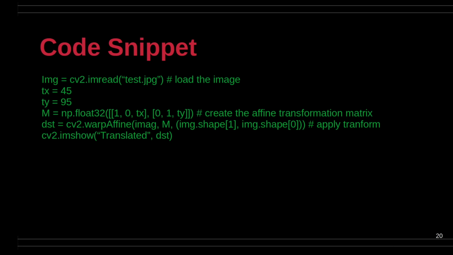The output image dst will be the original image translated by tx pixels horizontally and ty pixels vertically. We display the original and translated images. By adjusting the tx and ty values, you can control the amount of translation applied to the image.